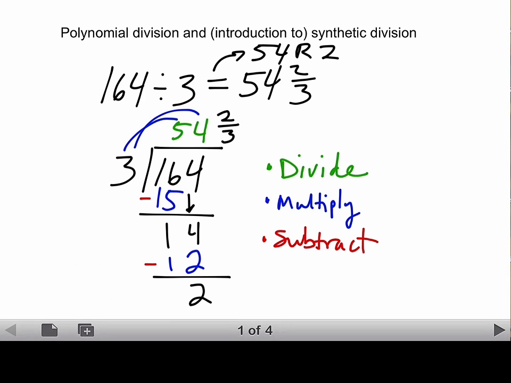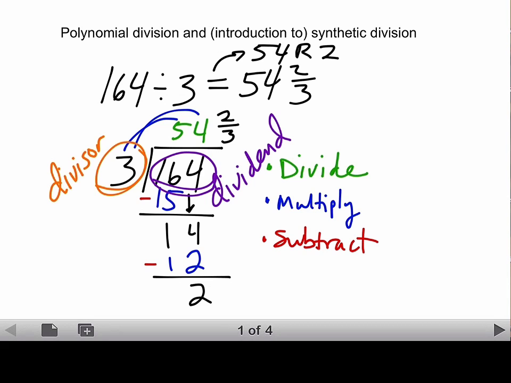And it's kind of important to know this because there's vocabulary involved with dividing. The 164 that we were dividing into is called the dividend. The 3 that we divided by is called the divisor. The whole number answer that we got, the 54, is called the quotient. And as I'm sure everybody remembers, the 2 is the remainder.